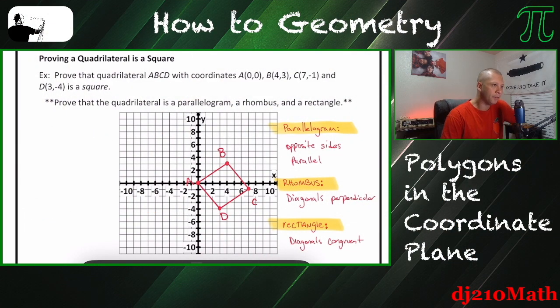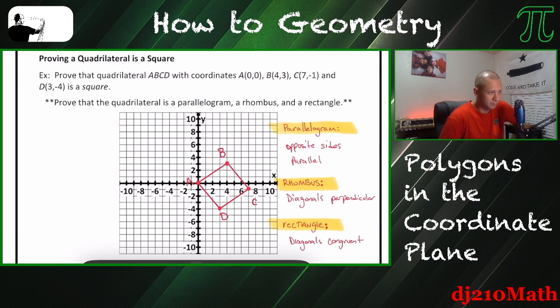Okay, proving a quadrilateral is a square. So given ABCD with given coordinates, we want to show that it's a square. The idea is that we're going to apply the 3 methods that we just looked at to one problem.